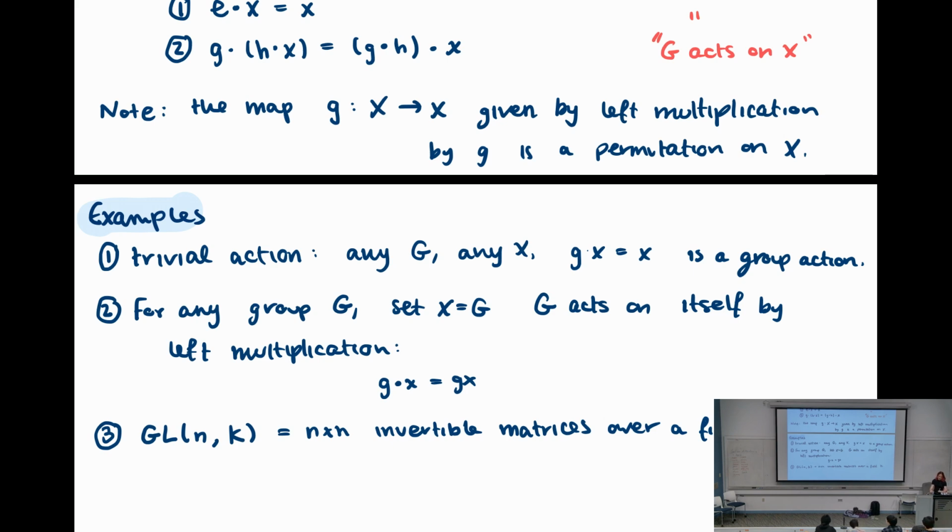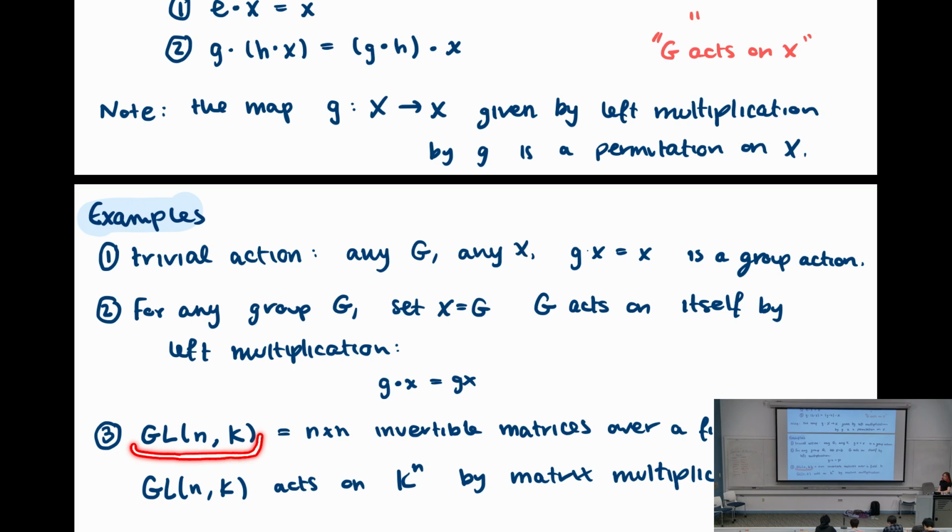So GL_n(K) acts on the vector space K^n by matrix multiplication. Right, so we have a way of taking elements of this group, which are matrices, and we know how to multiply that on a vector of length n, and that gives you a group action of GL_n on the vector space K^n.